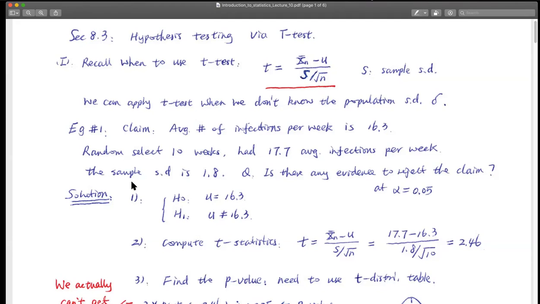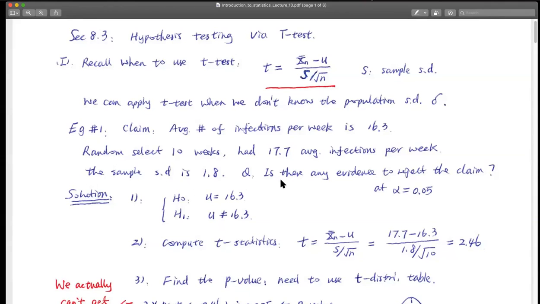Remember, previously in the confidence interval, we had a section using the T table, right? In that section, we are using the T formula to do the calculation, to find out the confidence interval. Similar here, we use the T table.